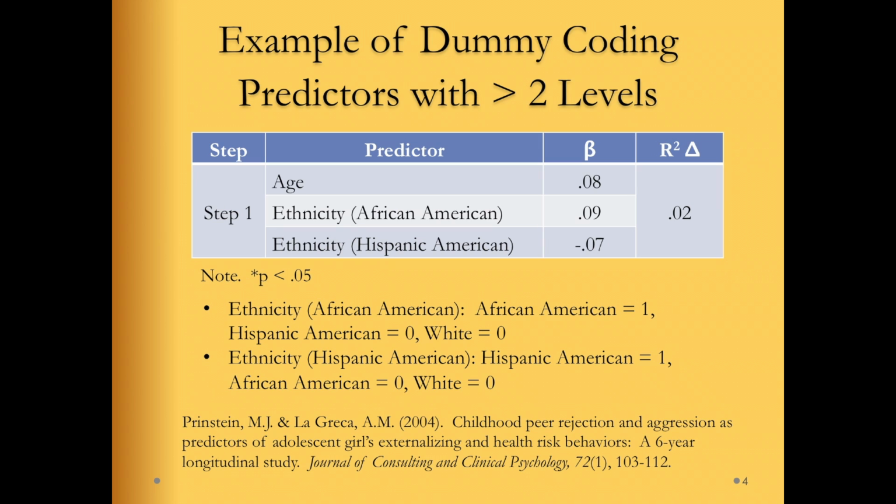This table presents the results of the first step of their model, in which demographic factors were entered. The variable ethnicity, African American, indicates that African Americans were the target group and whites were the reference group. In the predictor ethnicity, Hispanic, Hispanic Americans were the target group and whites were the reference group.